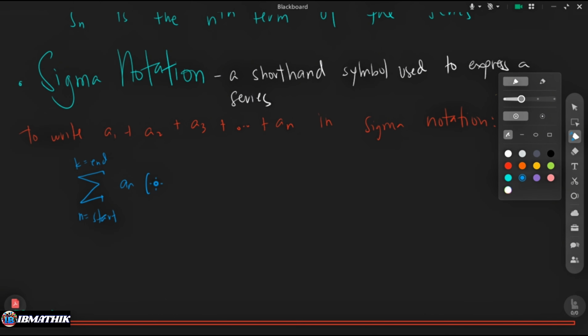What about the number 2? Find the sum of the sequence. Again, when we say sum, we need to add them. 5 plus 10 plus 20 plus 40 plus 50.